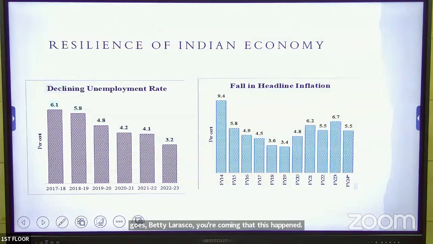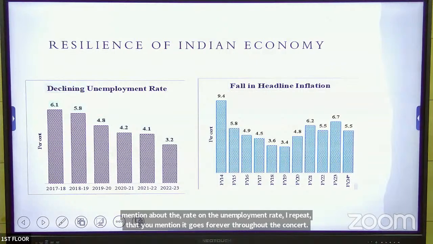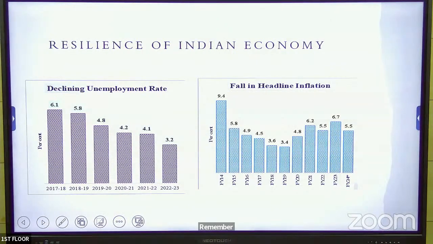When I mention the inflation rate and the unemployment rate, I repeatedly mention it goes throughout the concept. You remember the misery index? You said it? Very good. Misery index: if you add the unemployment rate and the inflation rate, the misery of the country will increase. Remember anything like that? You tell me at least that.